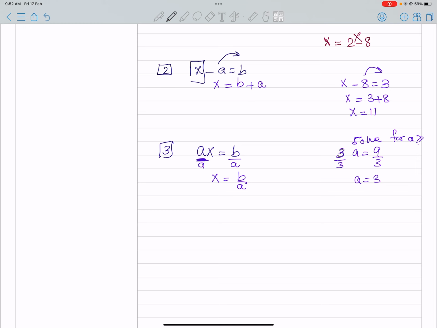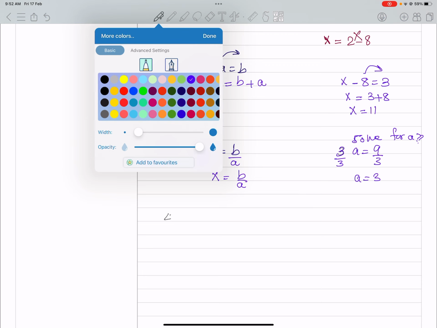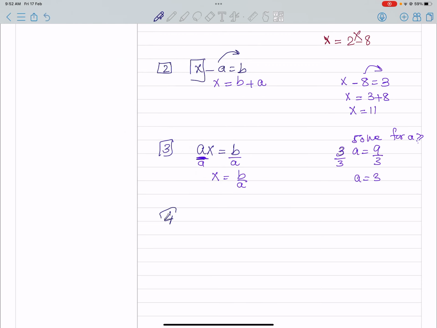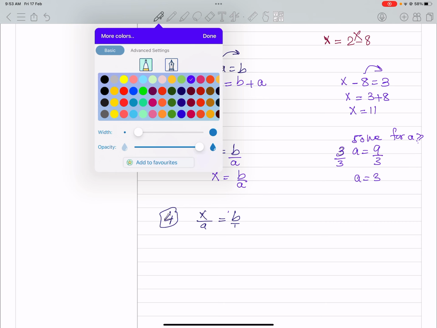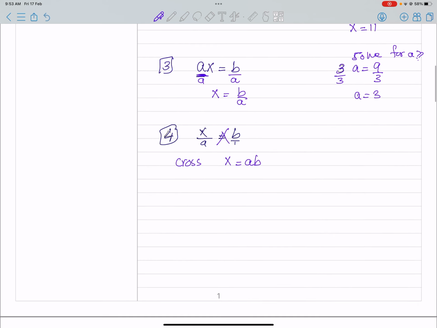Okay, now number 4. If you have x over A equal to B, this looks like a fraction. Okay, we keep it over 1. So by cross multiplication, we get that x is equal to A multiplied by B. Okay, now let us solve an example.